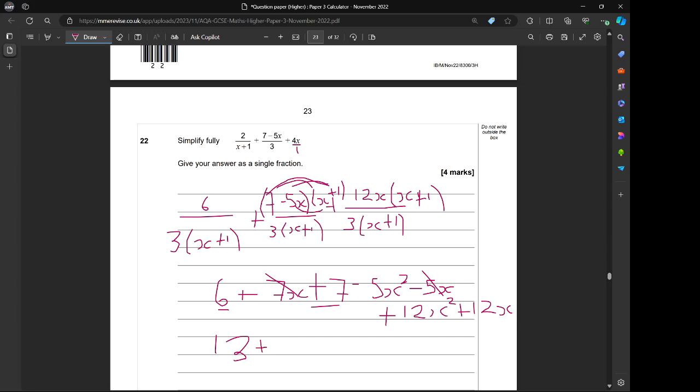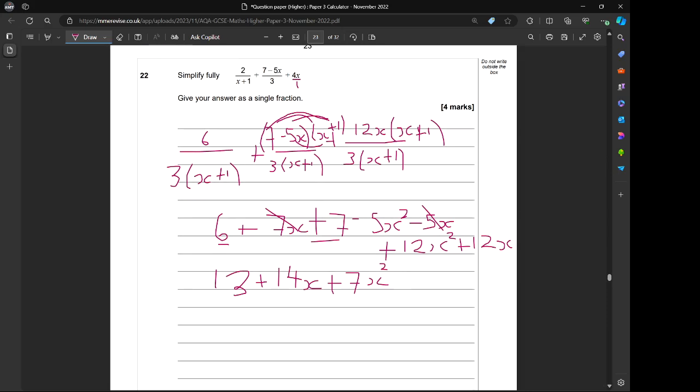So we have 13 plus 14x. Then minus 5x squared plus 12x squared is plus 7x squared, all over 3 brackets x plus 1. And that is my final answer to this question.